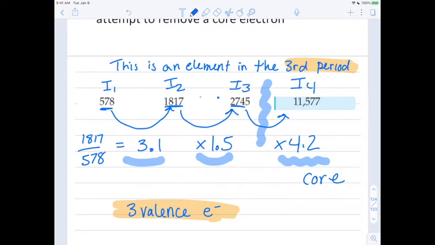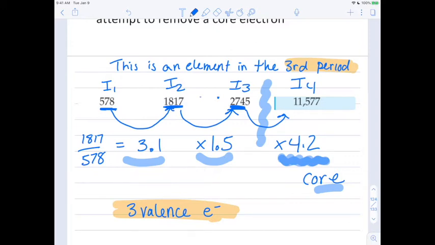This is saying I2 is over 3 times larger than I1 was. And where you see the very large jump, that tells you you're in the core. So then you add up 1, 2, 3 ionization energies that were reasonable, that weren't a huge jump.